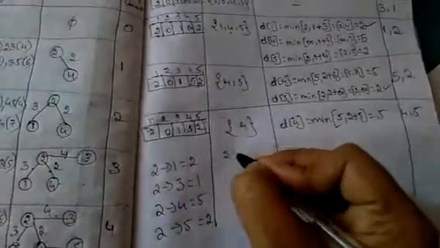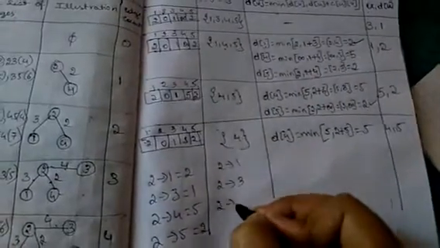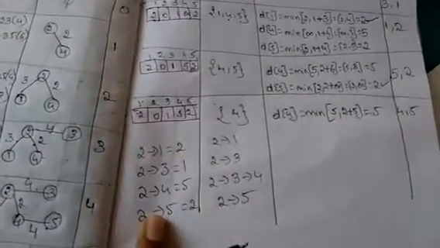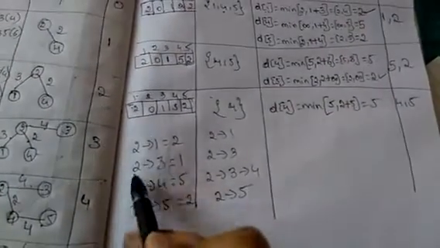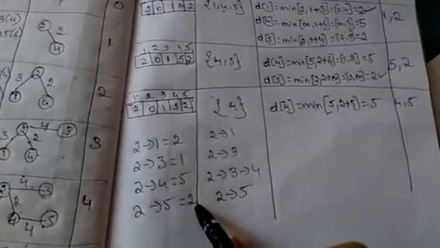This is directly from 2 to 1. This is directly from 2 to 3. This is from 2 to 3, 3 to 4, and this is directly 2 to 5. This is how you will just find out the minimum path from single vertex source. This is the source from 2 to 1, 2 to 3 to find out the shortest paths.